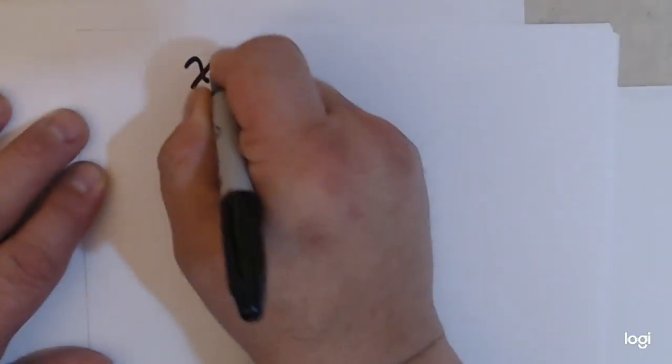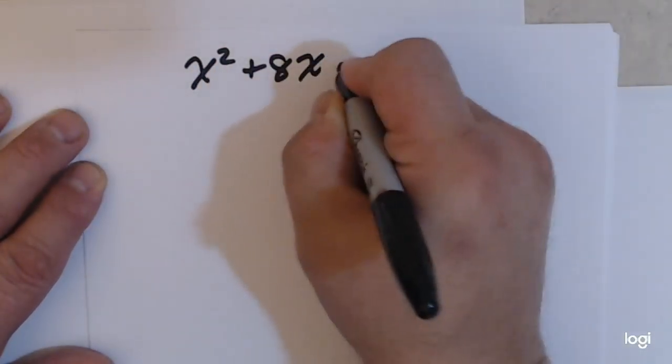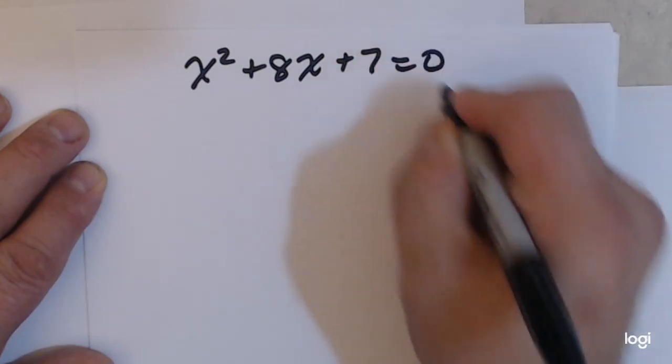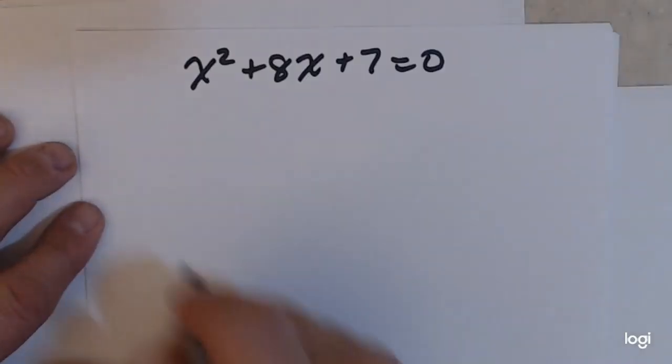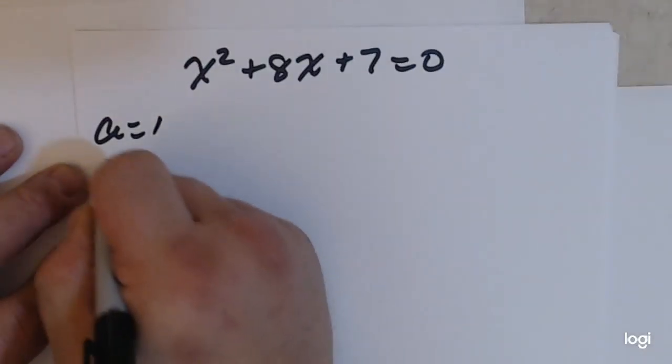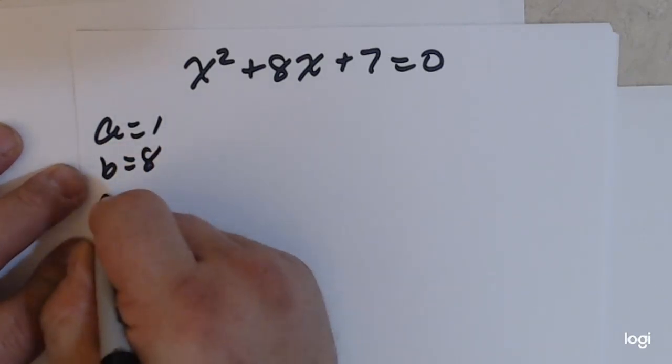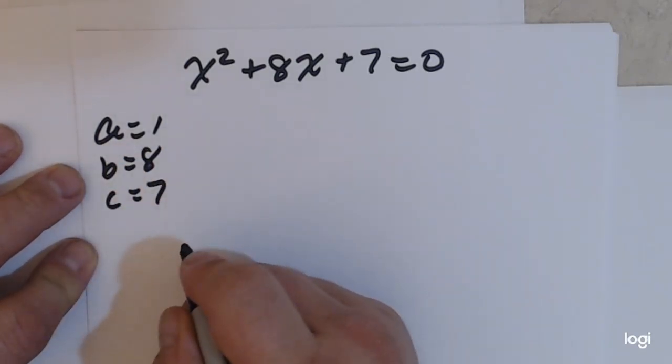And we've got, how about x squared plus 8x plus 7 equals 0. A equals 1, B equals 8, C equals 7.